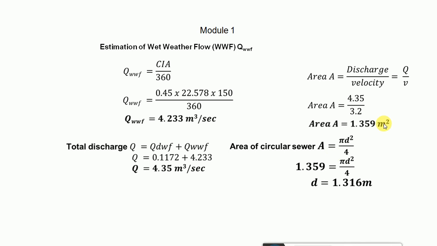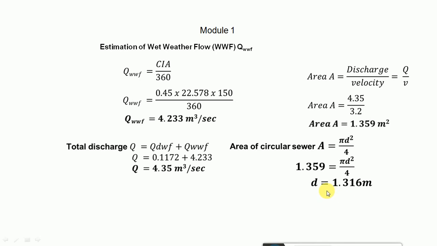Using this area we can find the diameter by using the equation A is equal to pi d square by 4, where d is the diameter and pi is 3.14. By substituting these values, we obtain the diameter of the sewer as 1.316 meter.